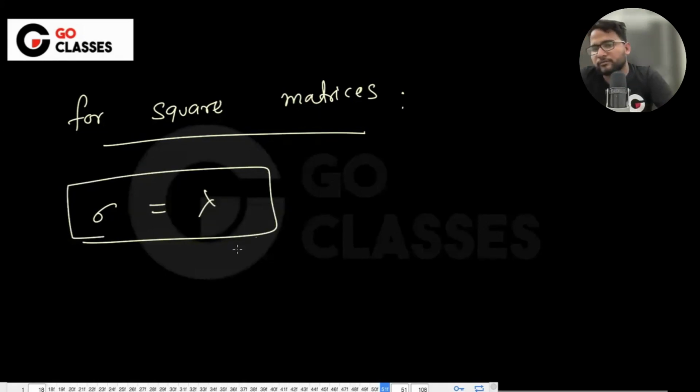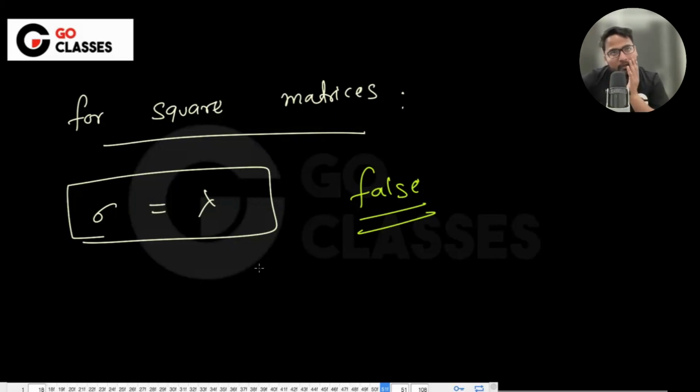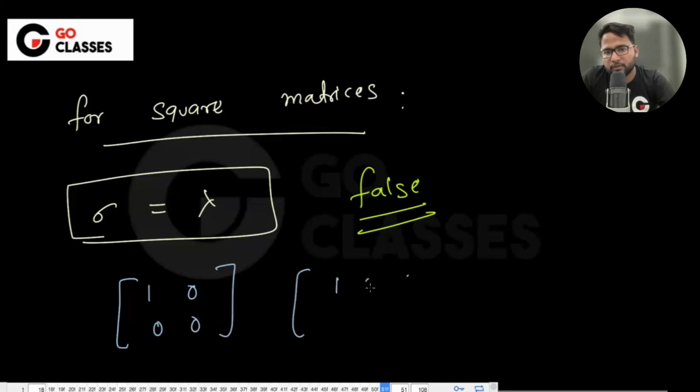It is actually very easy to prove that this is false. Okay, this is false. Why is that the case? Let's just see some counterexample here. I think we can produce some counterexample easily. What is A transpose A? If you multiply 1, 0, 0, 0, what will you be getting?